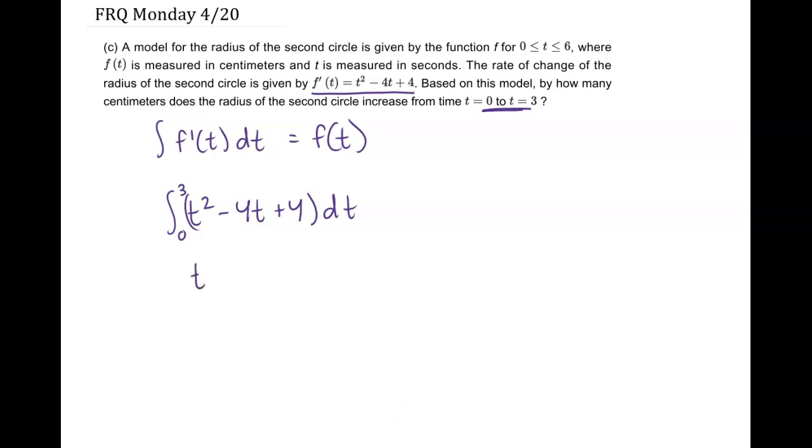And this is equal to t cubed over 3 minus 4t squared over 2, which is 2t squared, plus 4t from 0 to 3.